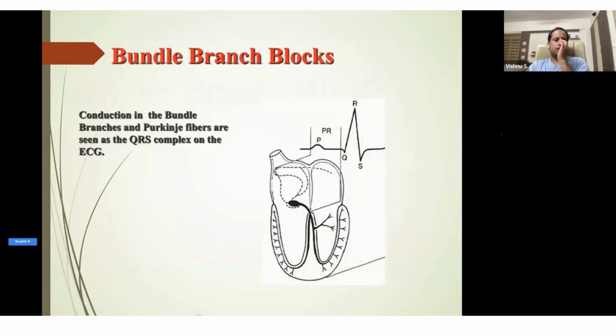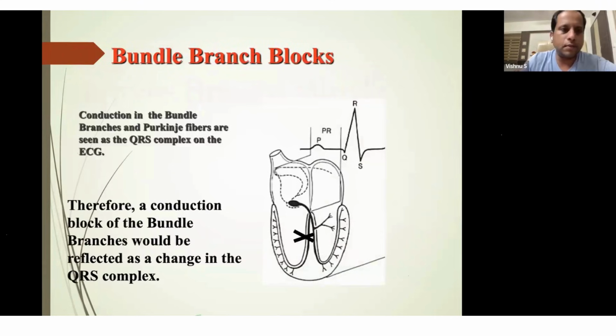Conduction in the bundle branches and Purkinje fibers is seen as the QRS complex on the ECG. Therefore, a conduction block of the bundle branch would be reflected as a change in the QRS complex. When the QRS duration increases beyond 120, whether right or left bundle, there will definitely be a bundle branch block.